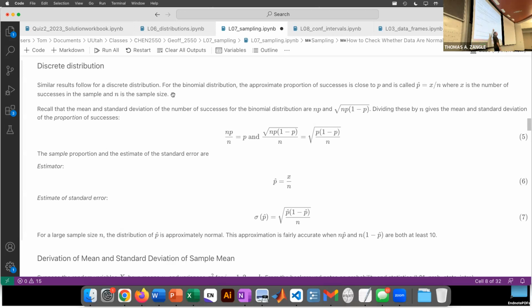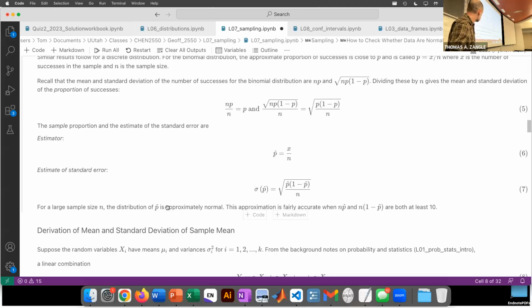It's just going to be the same as the average that we expect to see for any individual process within that sample, so it's just x over n. And the standard deviation is going to be the standard deviation of the individual underlying process divided by the square root of n. And again, what we would see is that for large sample size, the distribution of the sample averages is approximately normal. And here we're just giving some limits on what large means in this case for the binomial.